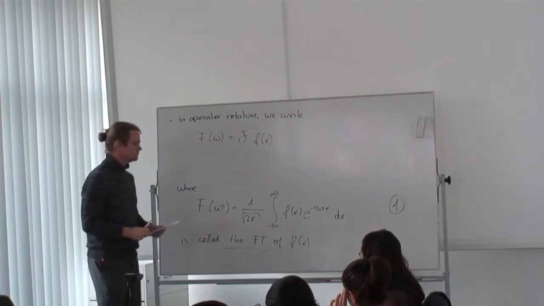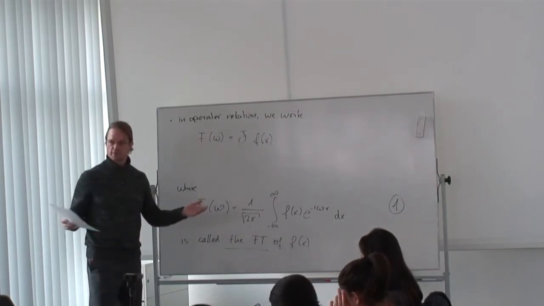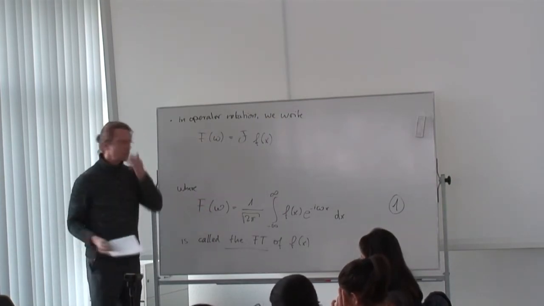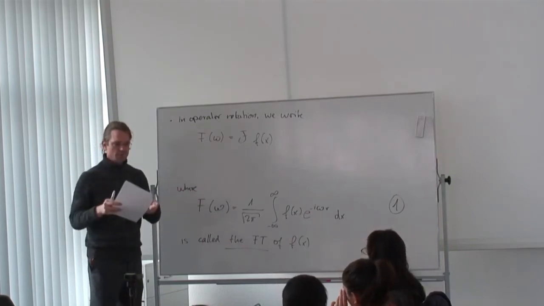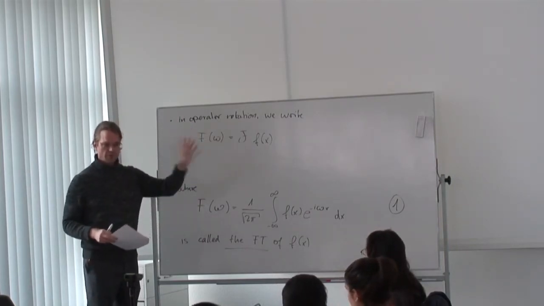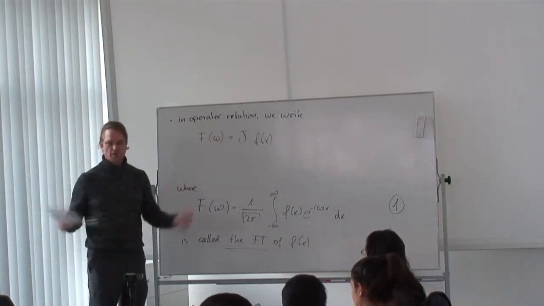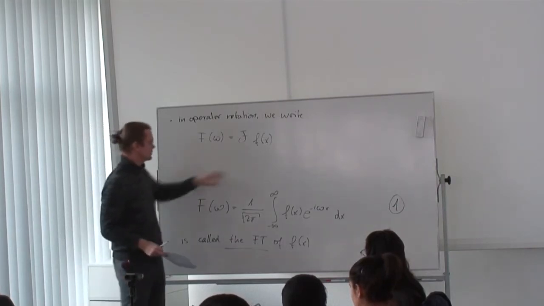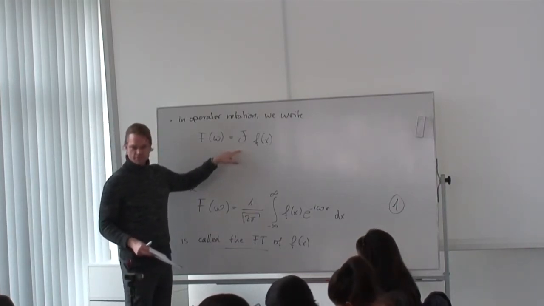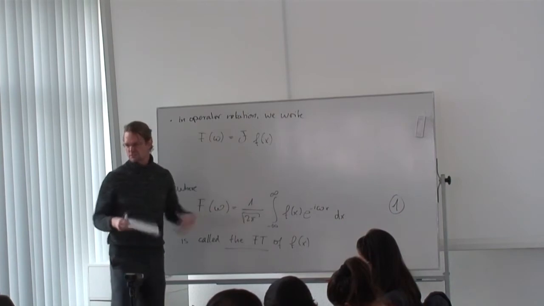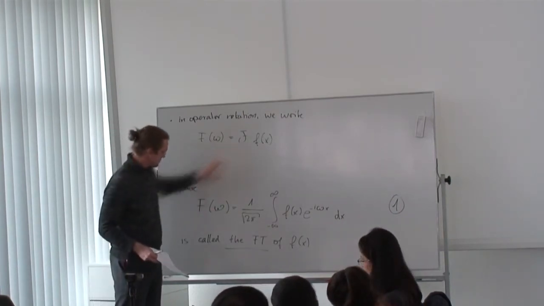We talked about operators when we talked about gradients, right? There we had this nabla symbol, and we put it in front of a function, and that gave us something else. And here we have the same. We have a function, we put something in front of it. This is just a symbol. It's an operator. This is an abbreviation for this.